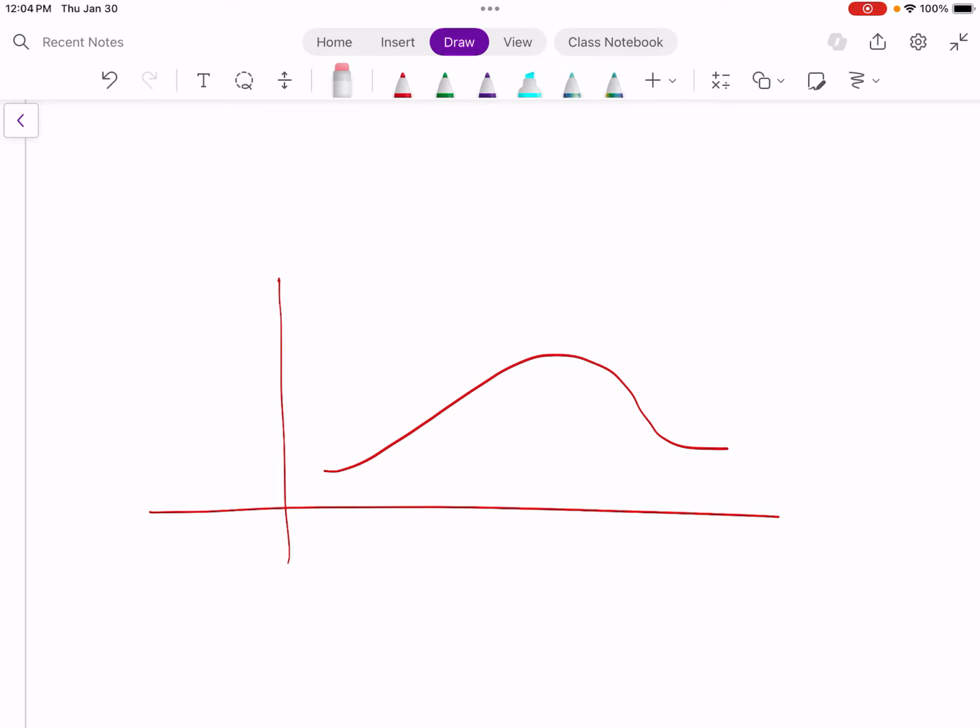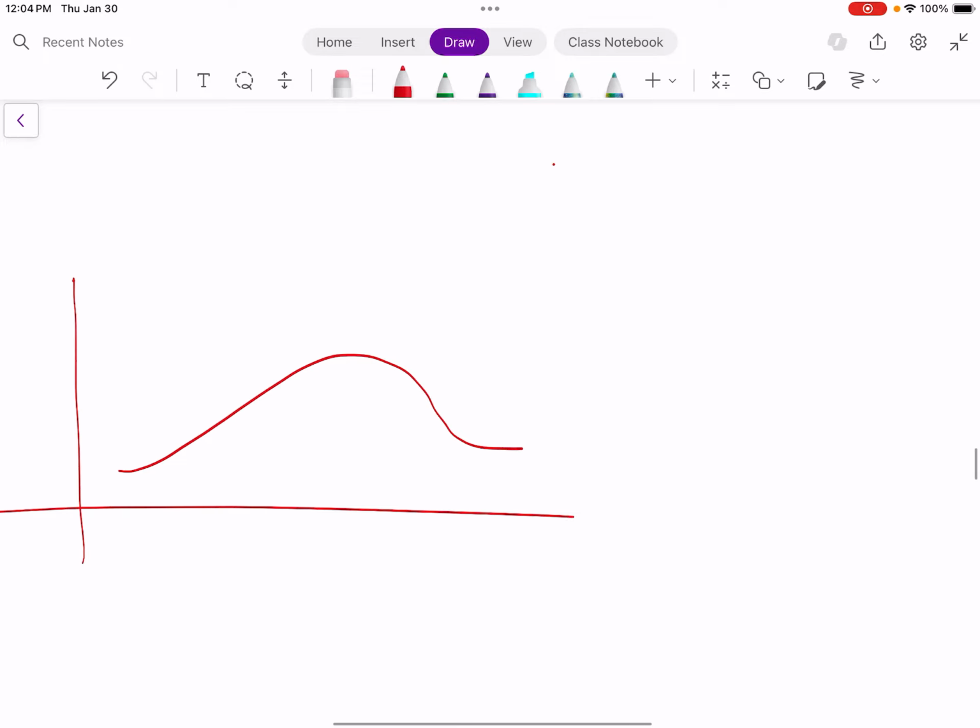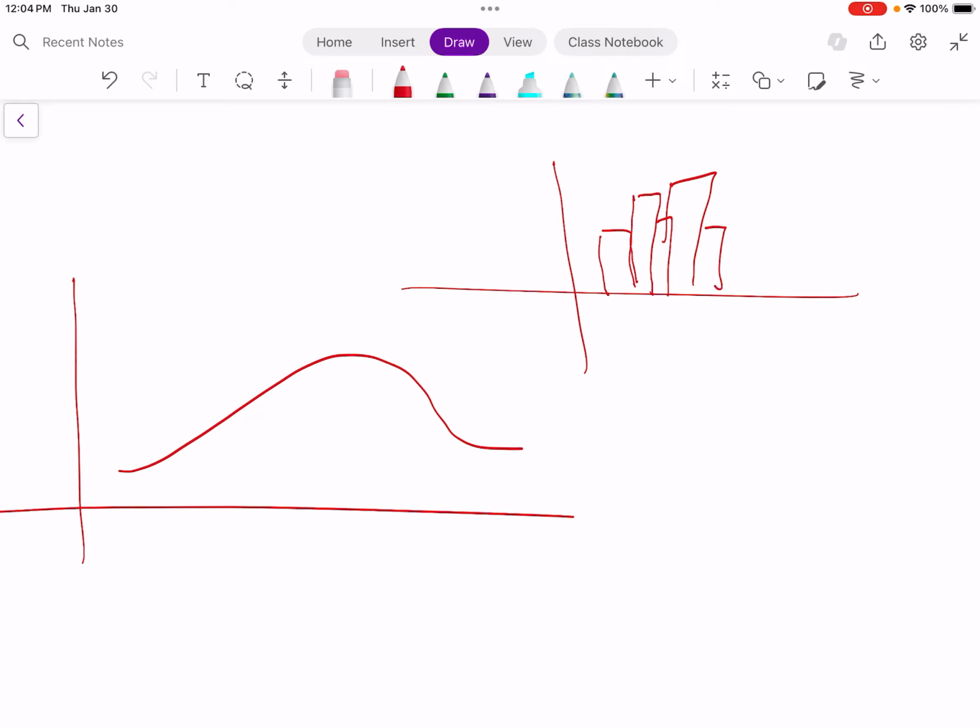This is a histogram, that's correct, but it does not look like one. Our histogram looks like this, right? We have classes, and on each class there is a bar. So this is the histogram.